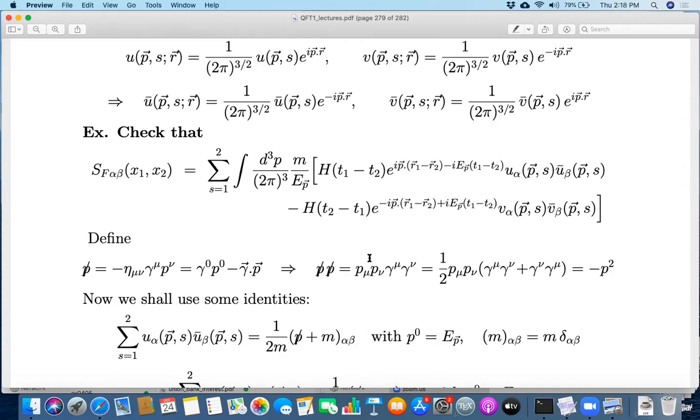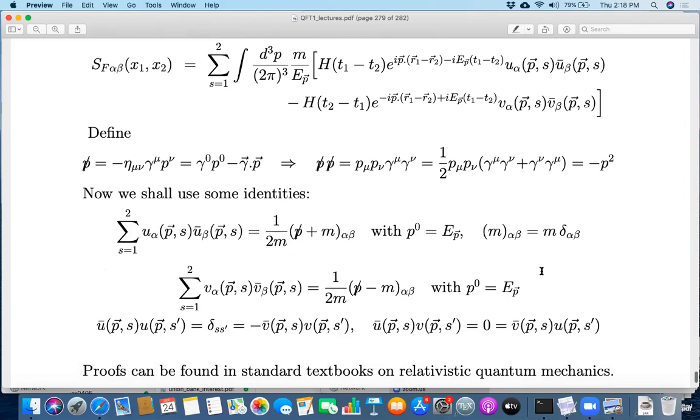Now because P mu P nu is already symmetric under mu nu exchange, I can replace this by P mu P nu times half of gamma mu gamma nu plus gamma nu gamma mu. I have symmetrized it. And now you can use the fact that this anti-commutator combination is just minus 2 times eta mu nu. So using that, you just get minus P squared. So P slash squared is minus P squared. This is a result that we will use.